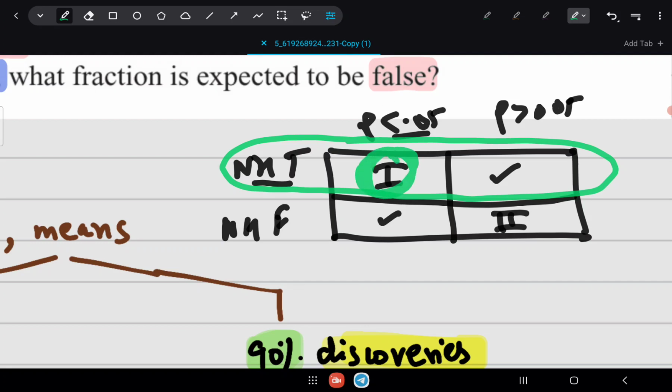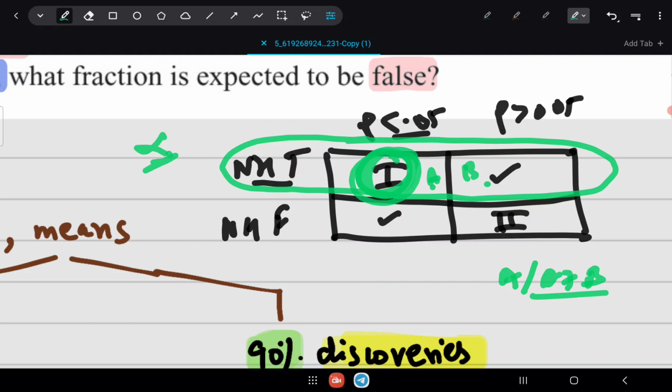It means that you have committed an error, and despite the fact that the null hypothesis is true in reality, you are getting a significant p-value, right? So this is your alpha level. In this case, let's say this is A and B, the alpha level will be A by A plus B, right? A by A plus B, that is your alpha level, or 0.05 classically. So that is your significance threshold or alpha level.